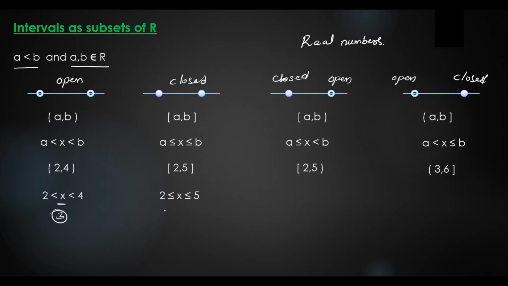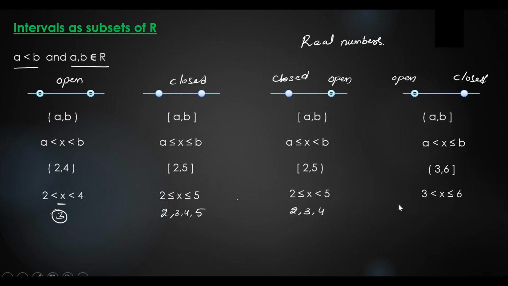That means 2 and 5 will also be included, like 2 comma 3 comma 4 comma 5. In the next interval, we have 2 less than or equal to X less than 5. So that means 2 will be included, 2 comma 3 comma 4. 5 will not be included.